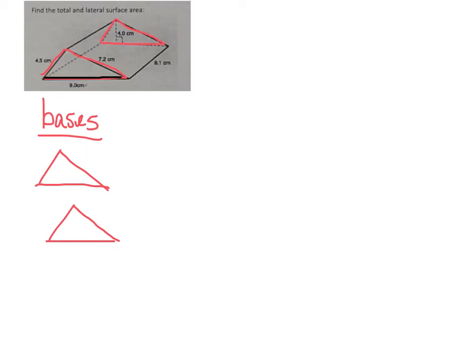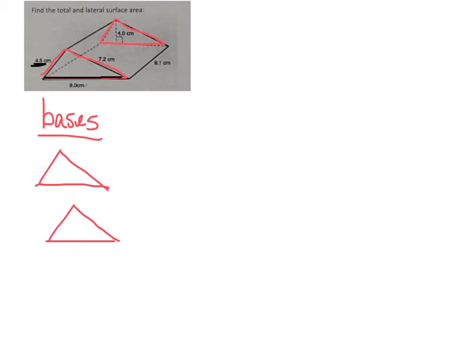So now we just need to pick apart our shape. So what I'm going to do, I am going to draw each base. So notice when you do draw out the bases, it's important that you identify the length, the base of the base, and the height. This is not the height of the triangle.